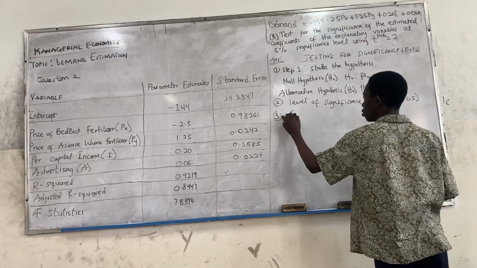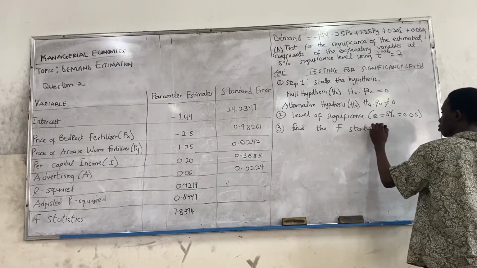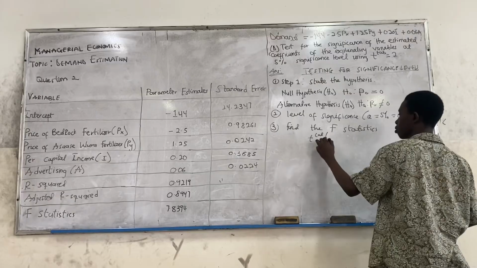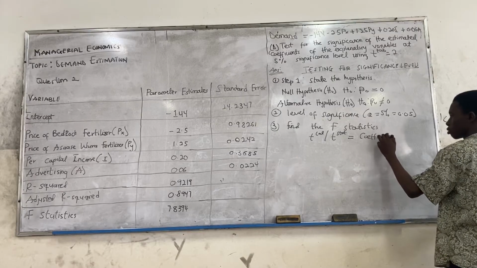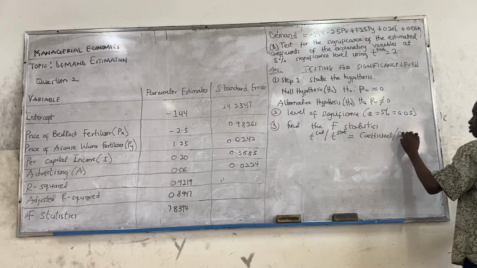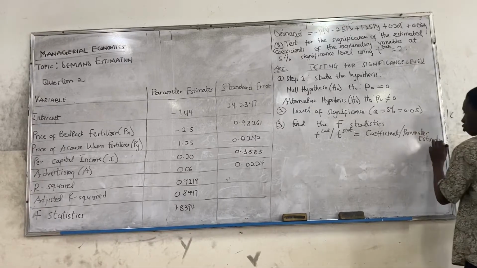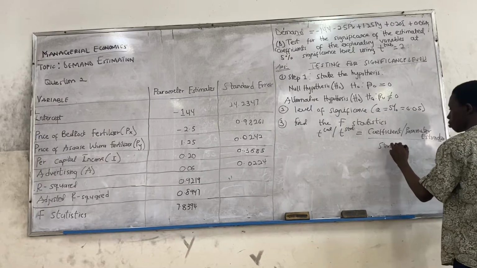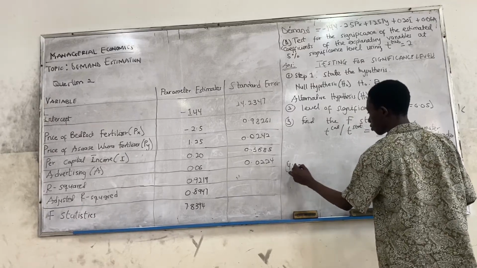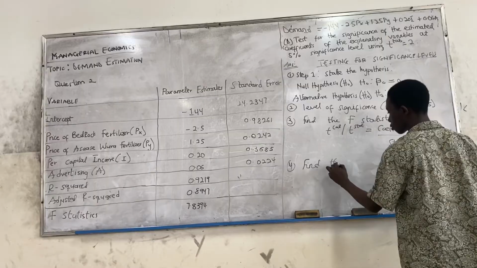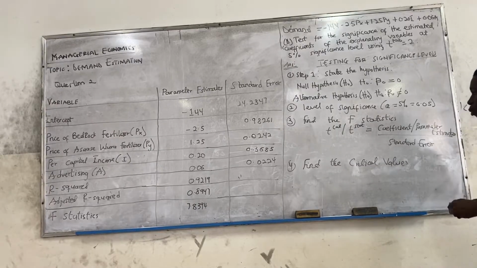Step 3, find the T statistic, which is T cal or T stat, equal to our coefficient or parameter estimate over standard error. Then find the critical values.